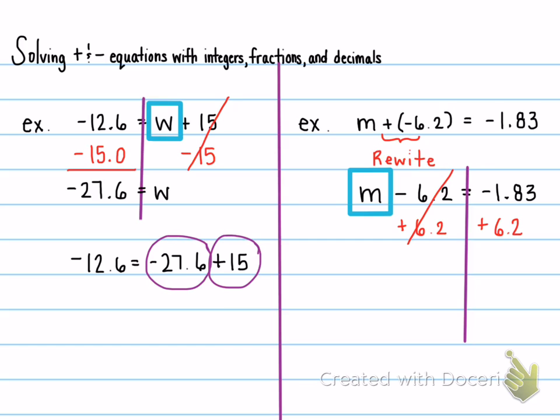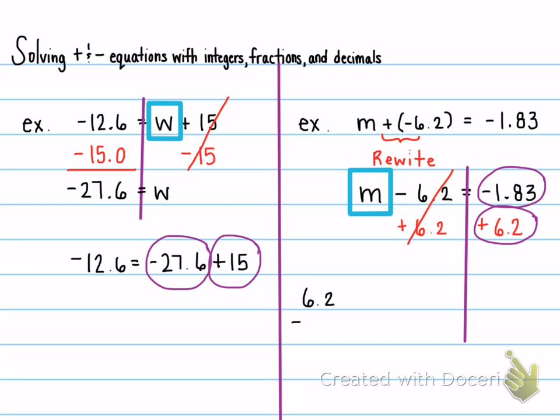The thing is, when I line up my decimals in this one, I have a negative 1 and 83/100, and I have a positive 6 2/10. Because my signs are different, I need to subtract. And because I need to subtract, I do need to put the bigger number on the top. So I can't solve the problem right there as it is. I am going to have to show my work off to the side.